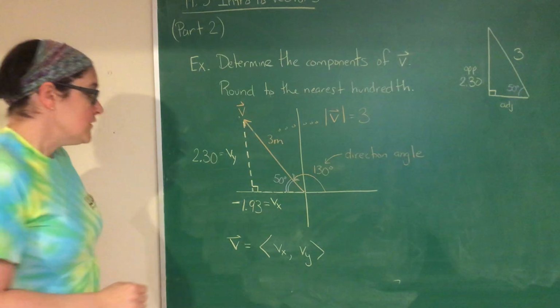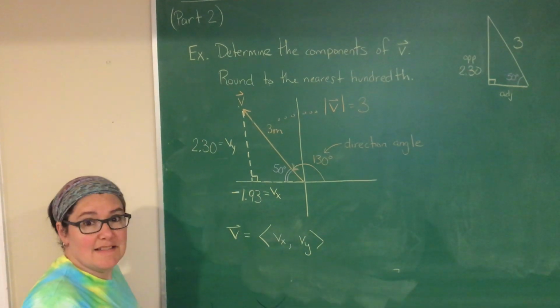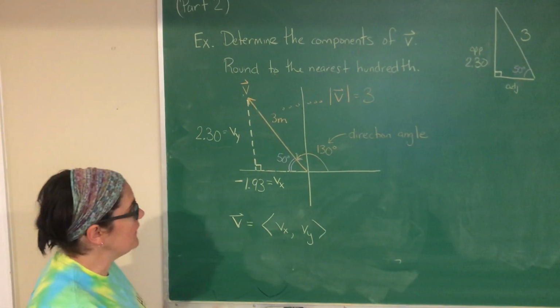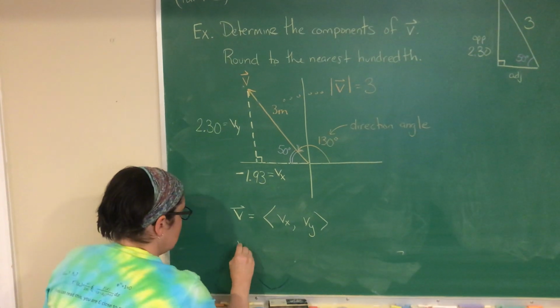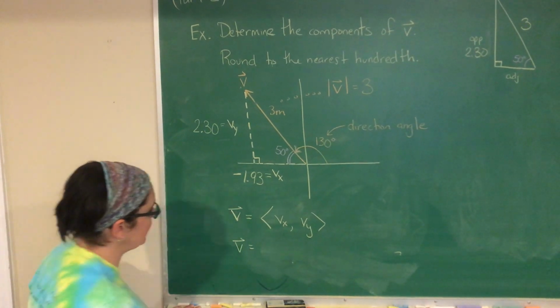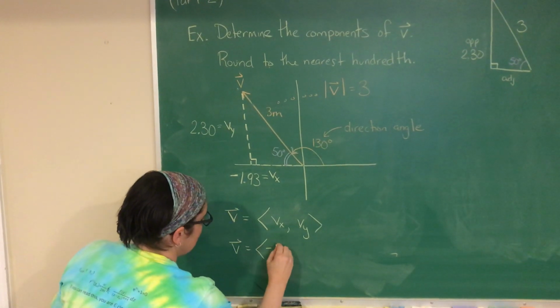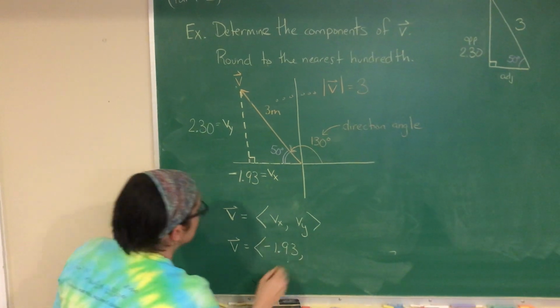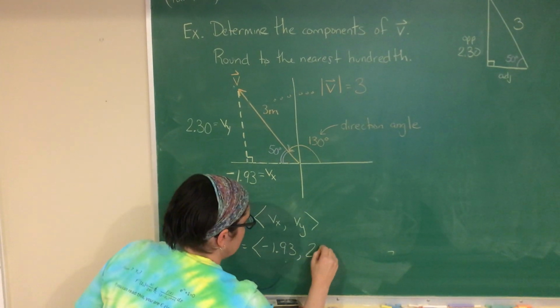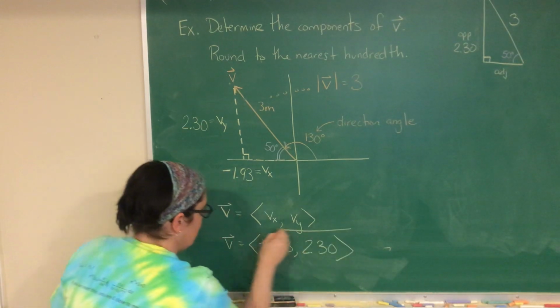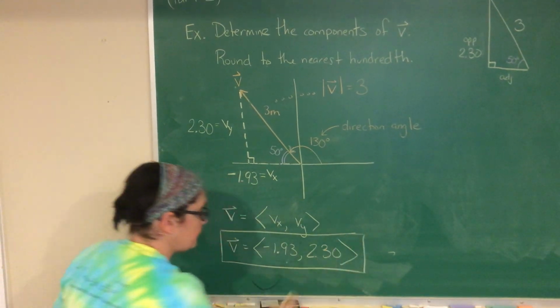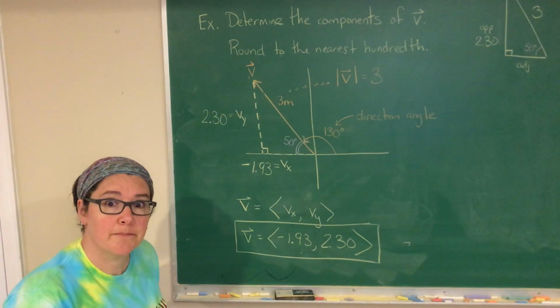Okay. So once I make sure that my signs are correct, then I can write down my components. So my vector v is negative 1.93, comma, 2.30. And so we found our components. Okay.